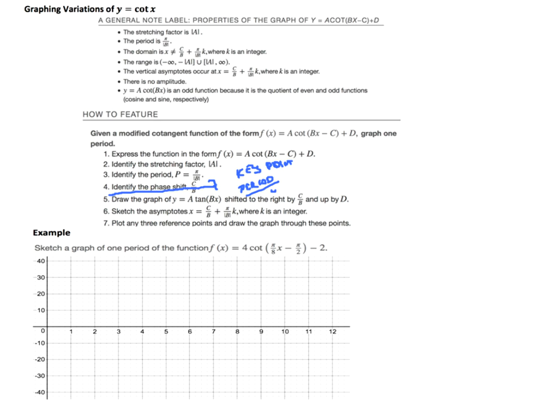Remember, period over 4 tells you how to increase there. Okay, so identify our A, B, C, and D. A is 4. B is pi over 8. C is pi over 2. And D is negative 2.